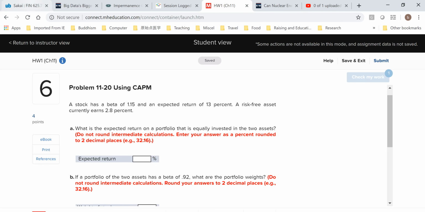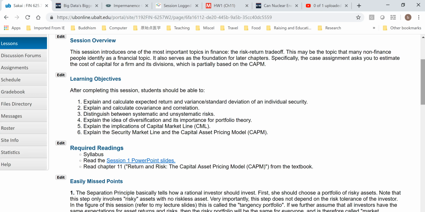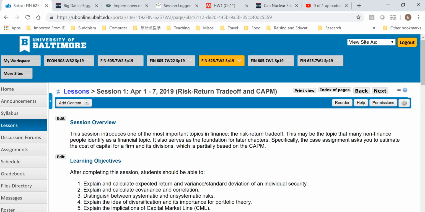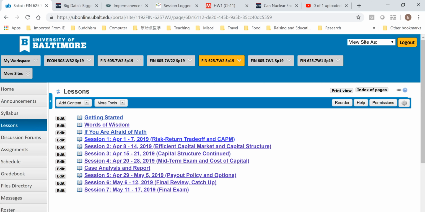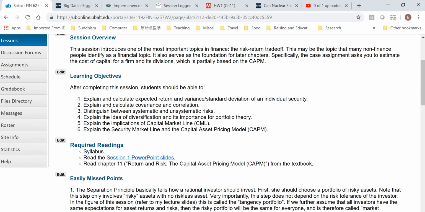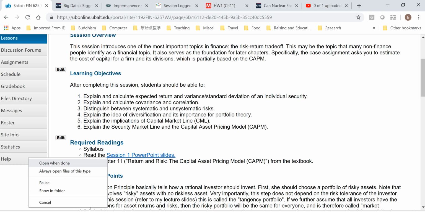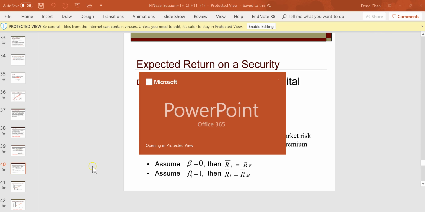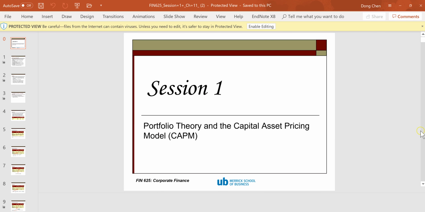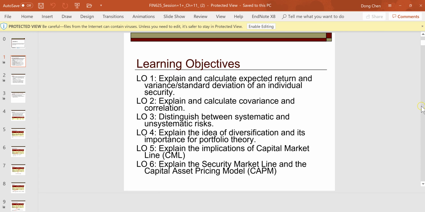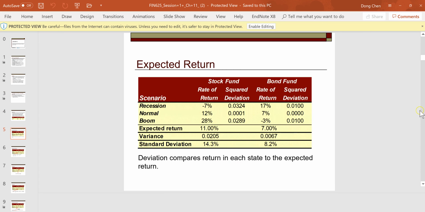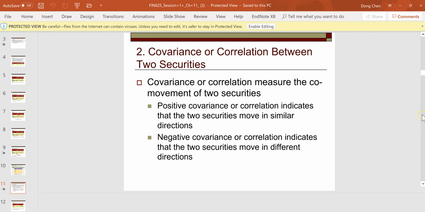If we go to the session 1 lessons and pull out my lecture slides, I already did that, so you can see that the expected return of a portfolio is right here.